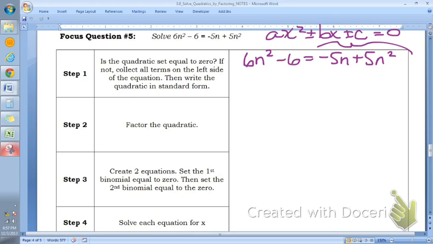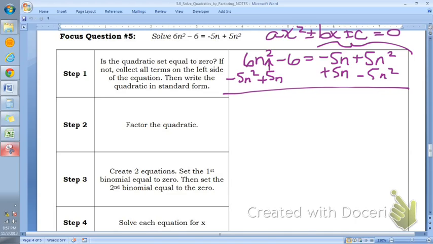That means you need to move all those terms over. So positive 5n to move it to the other side. I'm just going to write it in between these two terms so I'd remember that that's probably where it's going to go. And this is a negative 5n squared, so negative 5n squared. I'm going to try to write it right underneath the 6n squared. That way I'm ready to combine my like terms.